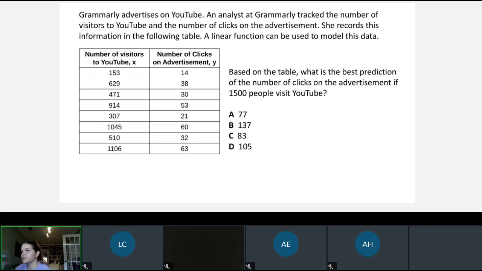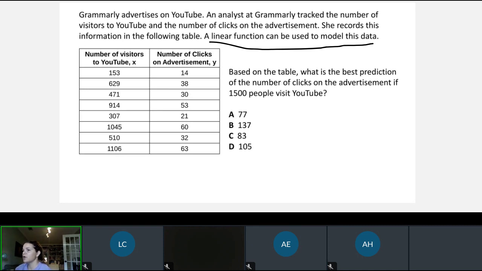I want to do, okay, let's do this one. So Grammarly advertises on YouTube. An analyst tracked the number of visitors to YouTube, that's X, and the number of clicks on the advertisement. So let's read this table. There was 153 visitors, 14 clicks on the advertisement. 629 visitors, 38 clicks on the advertisement. Yes, Isaiah. So first things first, a linear function can be used.